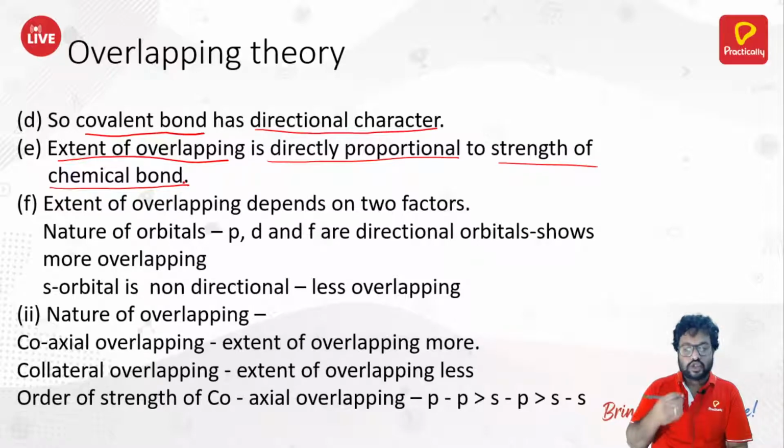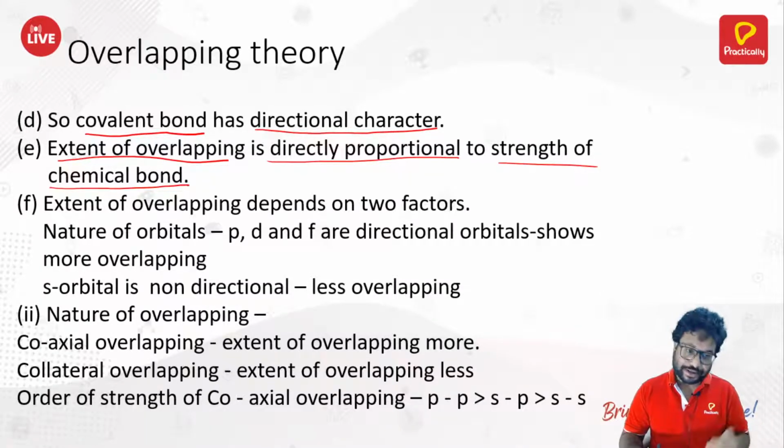That means the larger the amount of overlapping, the stronger the bond, and vice versa. The strength of a chemical bond is decided by the extent of overlapping.